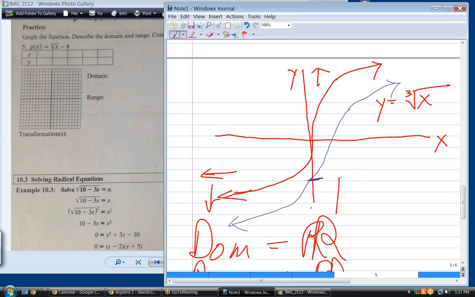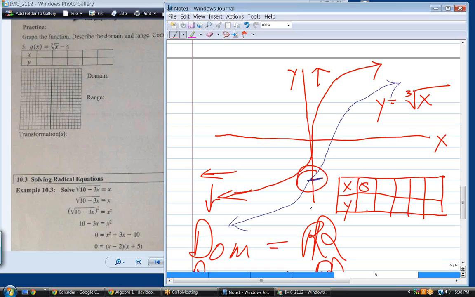Now, let's make their table. I'm going to make a little table right here. Give me some values for x, and what would y be equal to? Let's start with 0. What is y equal to when x is equal to 0? Negative 4. We can read it right off the graph there, but we can also plug it in and figure it out algebraically.